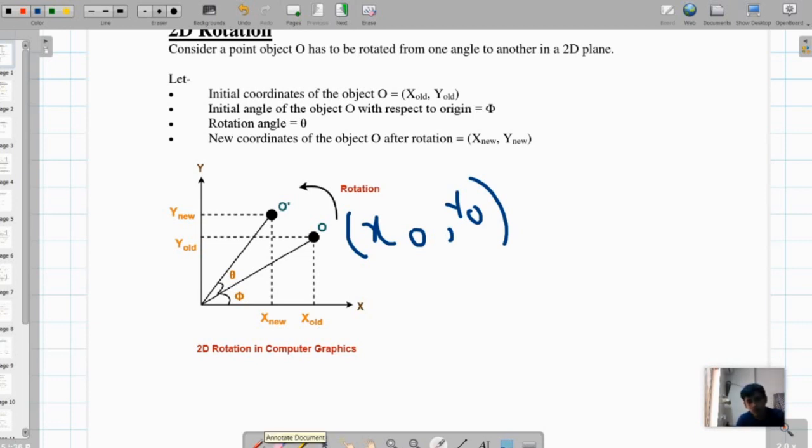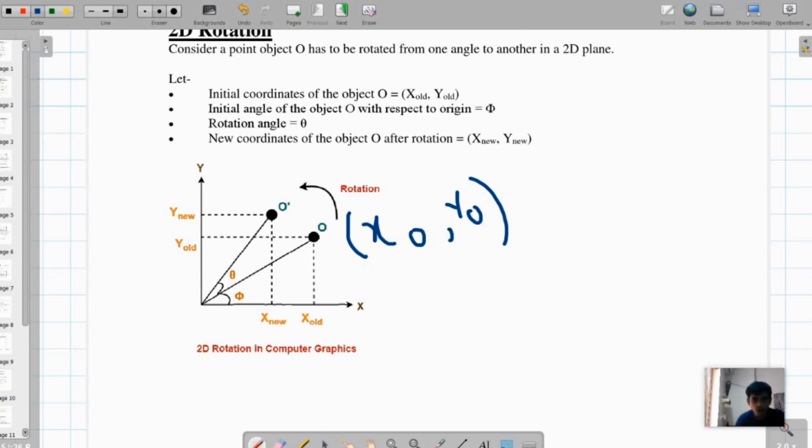Now, before diving deeper into the mathematical equations, first try to observe what's going on here. Your point object, you can see in the diagram, is already making an angle phi with its primary x-axis.